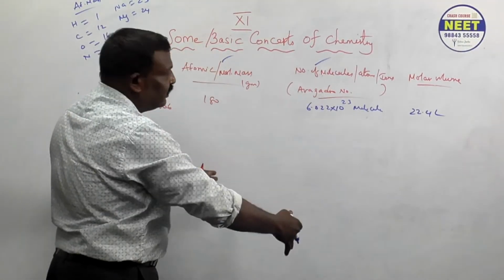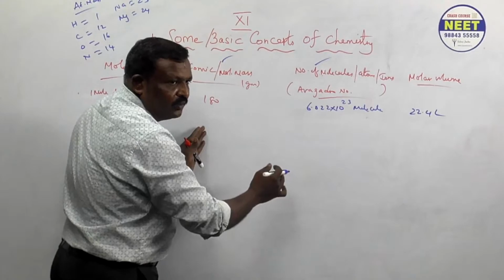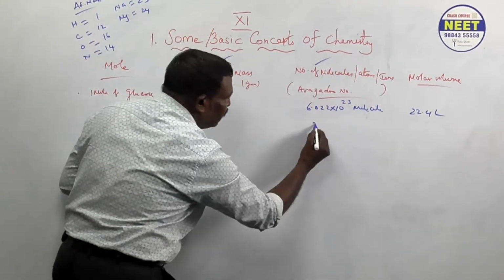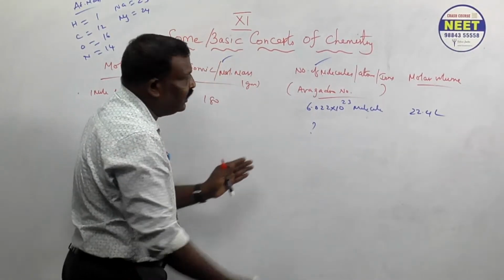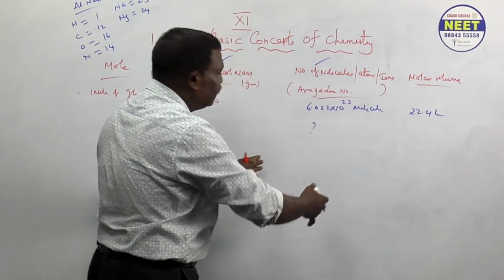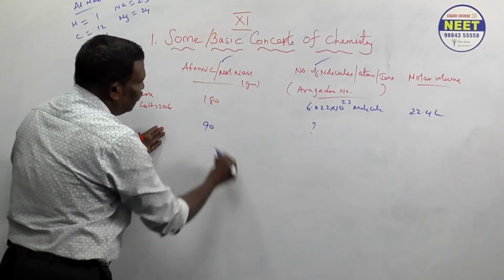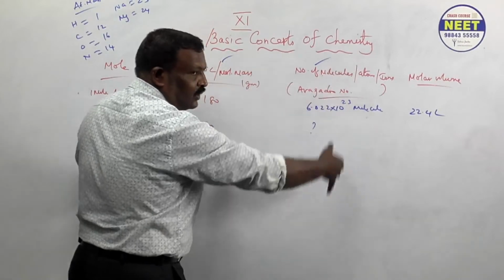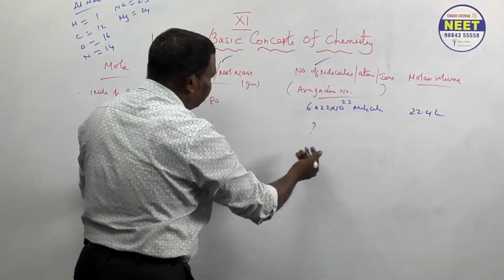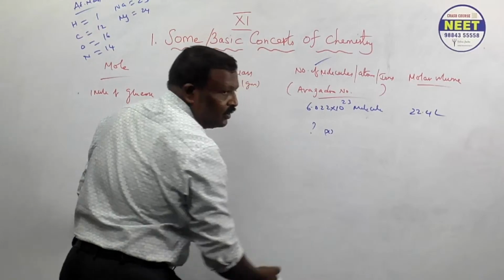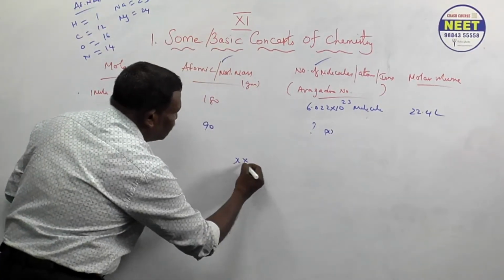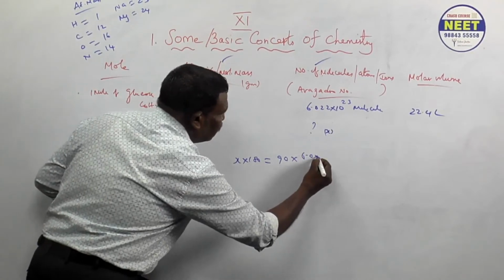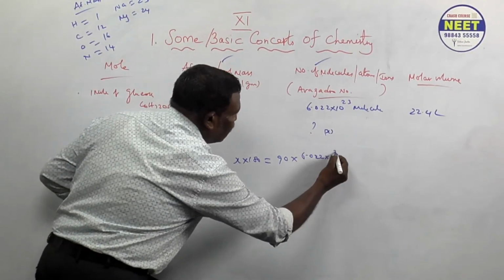So this 1 mole we have written. For the number of molecules you put a question mark. Then 90 gram. These two only you have to compare. Therefore, you consider this x. So x into 180 is equal to 90 into 6.022 into 10 power 23.